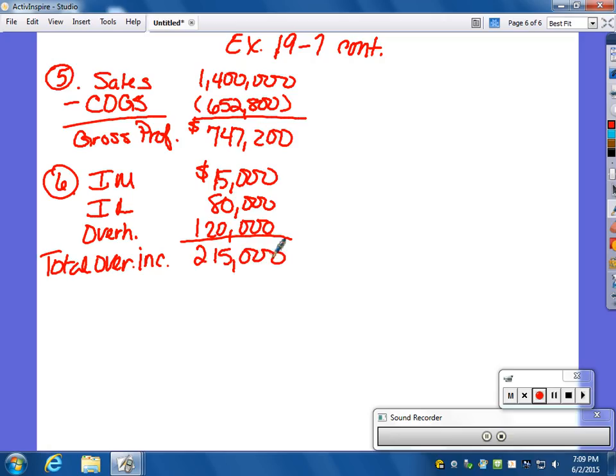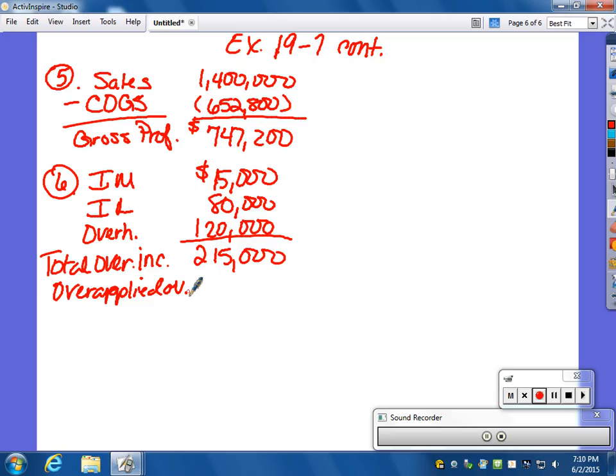Okay, what do we do after this? We put the over applied. Which is how much? Remember, you calculated that back in number 3 when we did the predetermined overhead rate.